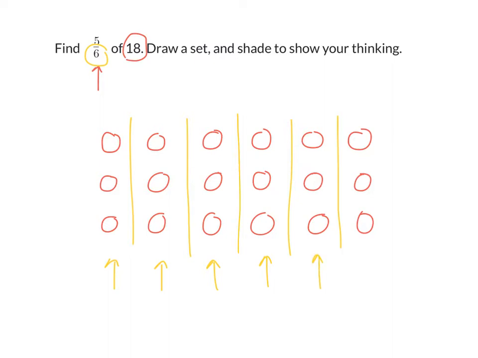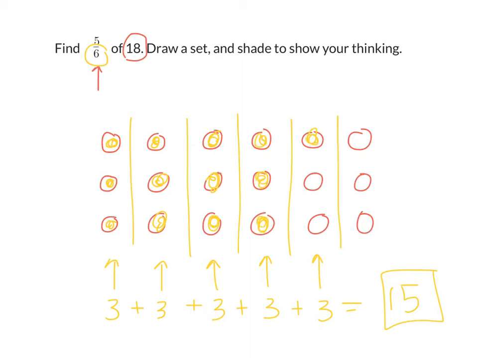So I can see that in 1/6, there's 1, 2, 3. If I add another 6th, and another 6th, and another 6th, and another 6th, I can see that altogether 5/6 of 18 would give me 15. I could shade in these 5 groups to show 5/6 of 18.